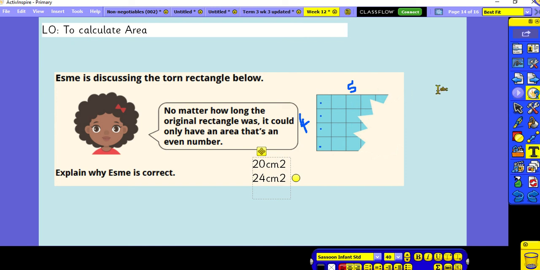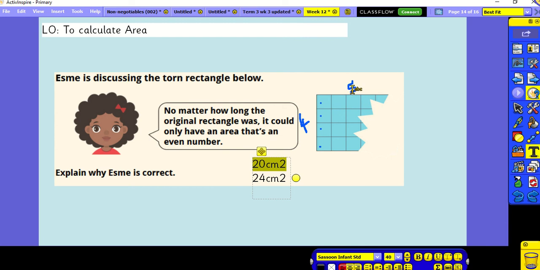Okay, so we calculate the area by multiplying the length and the width. We know that of a rectangle because that's the same as our work on arrays when we are doing multiplication. Now, Esme says, no matter how long it is, so whatever this number is here, it can only have an even number. Okay, so here 5 is an odd number. When I have timesed 4 by 5, which is an odd number, the answer is even.